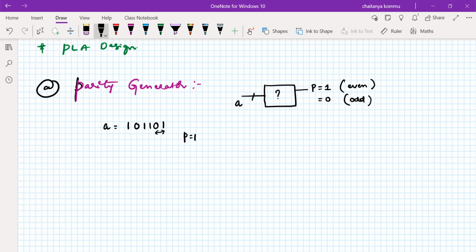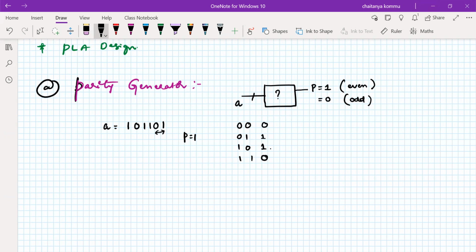Exclusive OR operation. As we know, 0 0 is 0, 1 1 is 0. If an even number of ones are there, it produces 0. If an odd number of ones are there, it produces 1, right? It produces 1.